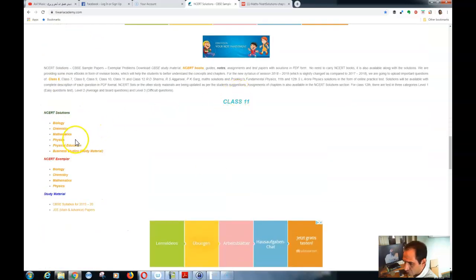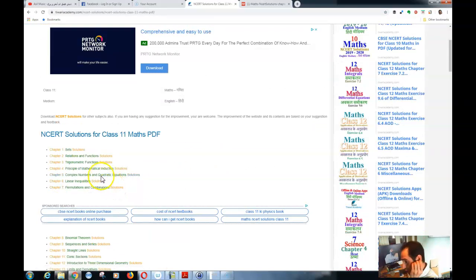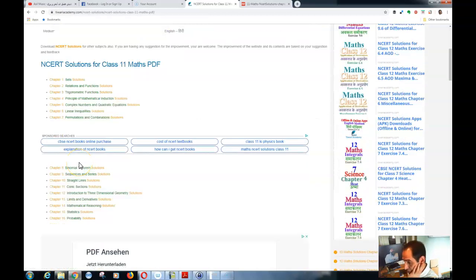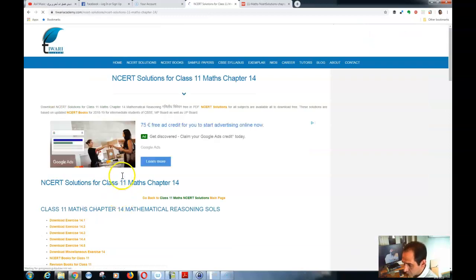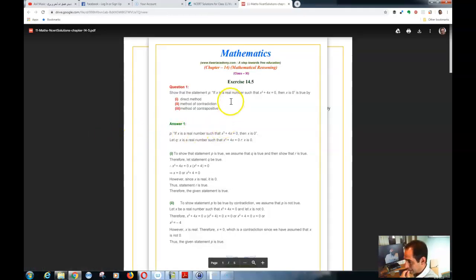If you go to class 11 mathematics, it gives you all of the chapters one by one. For example, you can go for chapter 14, which is what we are doing here, mathematical reasoning solutions, and then you have 14.5, which is what we are doing now.